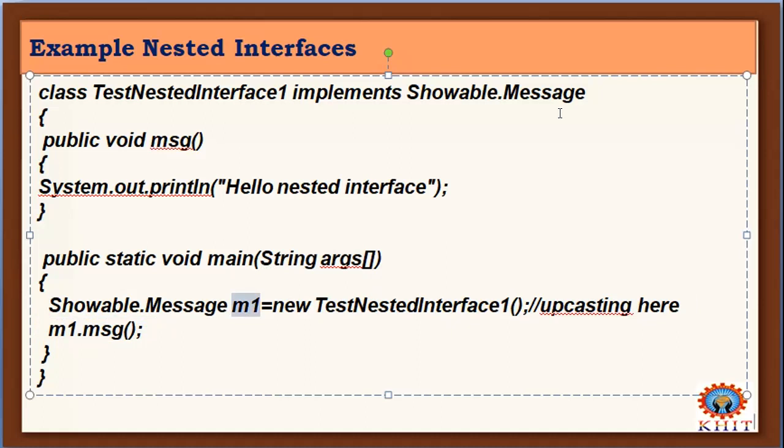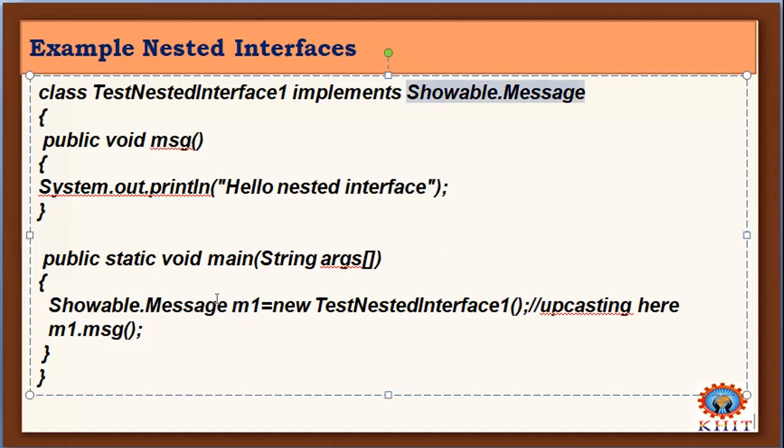Okay, this point is interlinked. The total statement or instruction, whatever we have written there, is completely an interdependent statement. Showable.Message is an interface which is a nested interface.